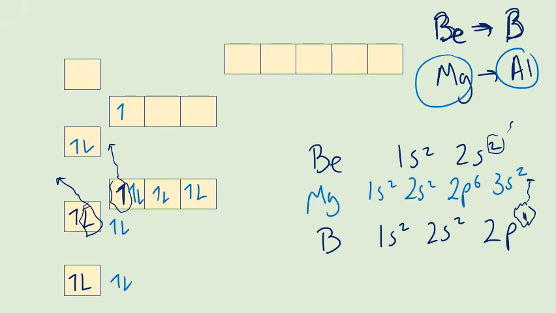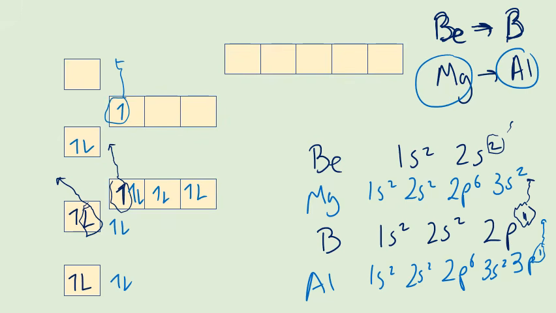Aluminium has an extra electron, and as you can see, aluminium is 1s2, 2s2, 2p6, 3s2, and 3p1. So the exact same explanation here. It's due to the p subshell. In aluminium, the outer electron is in the p subshell, which is easier to remove than the s subshell because it's higher in energy, it's further from the nucleus. So that explains those blips between magnesium and aluminium and beryllium and boron.